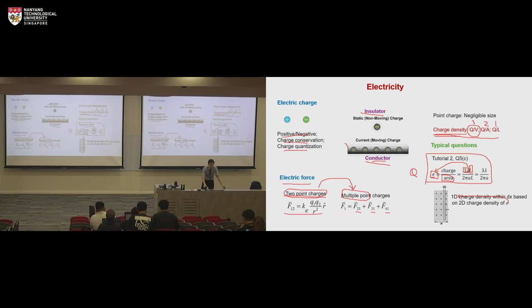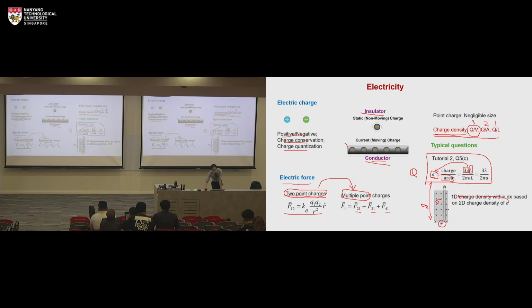Let's say you have an infinite two-dimensional charge plate, where the width is finite, but the length along this dimension is infinite. It's a two-dimensional object, and the two-dimensional charge density is given as sigma.